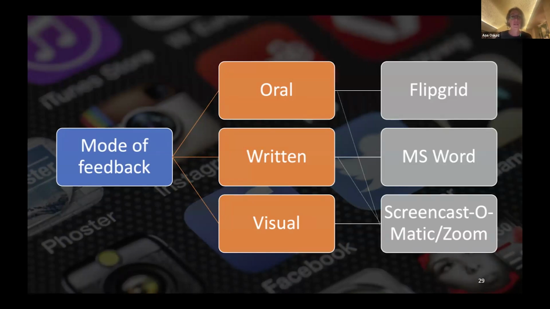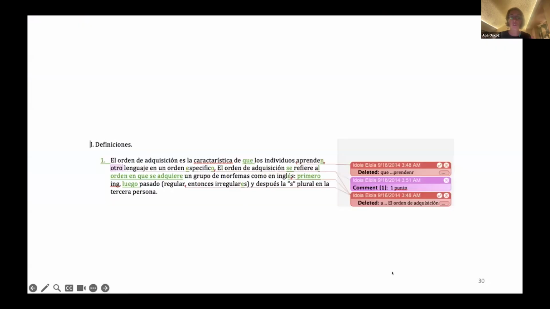So let's have a look at different examples providing feedback with track changes, comments, Screencast-O-Matic and Zoom. In this first case, we are providing feedback using track changes and also providing comments. In this case, it is direct feedback. The instructor is telling the student what is wrong and has corrected it.